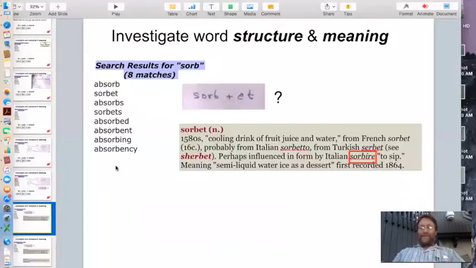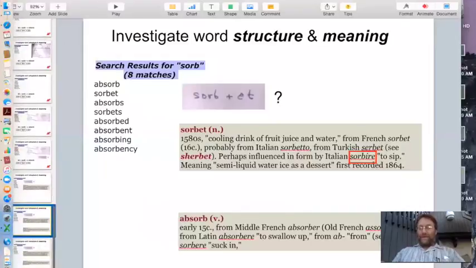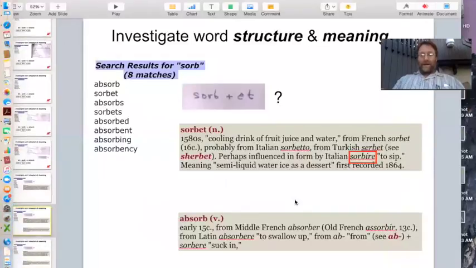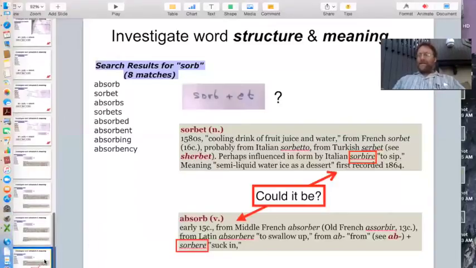Now that was, wait a second, because we look at absorb, and we start to see something going on here. Is this Italian sorbire related somehow to sorbere? This idea of to sip and to suck in? Honestly, this is as far as I've gone.